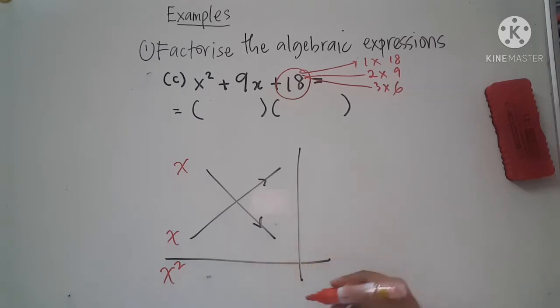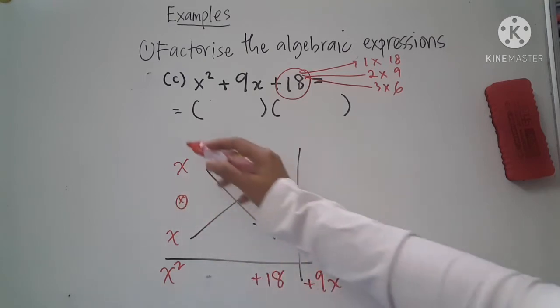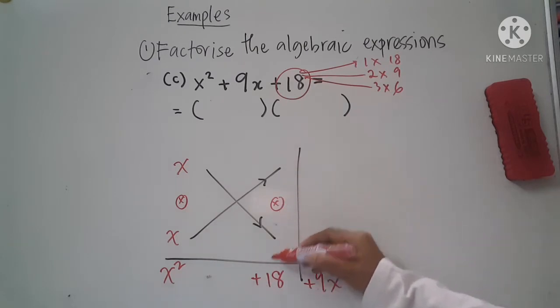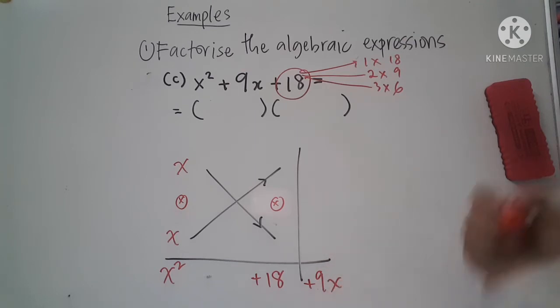This one is positive 18. This one will be positive 9x. Here you are going to multiply: x times x squared. What times what gives us the positive 18? What plus what is 9x? It's more to the trial and error.